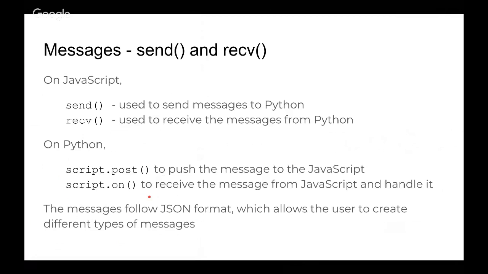By default, messages follow the JSON format. Whenever you send messages between JavaScript and Python, JSON is followed. And with the help of JSON, you can create different types of messages. Say, for example, if you want to create an error message that the process has stopped, you can create that.